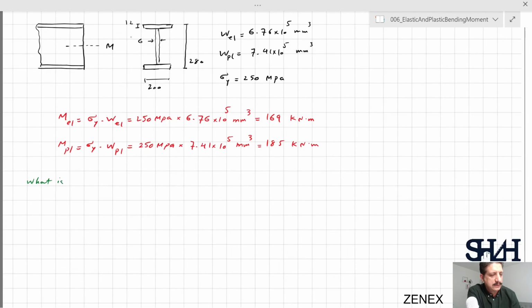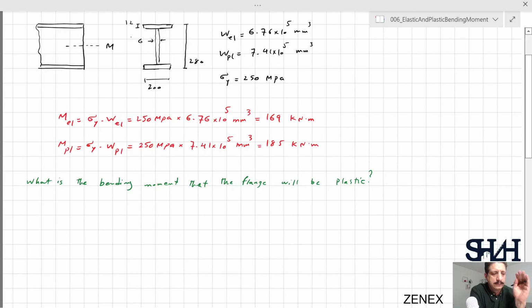Now, what is the bending moment that the flange will be plastic? So it means that we are talking about the moment that is greater than 169, but it is not 185.